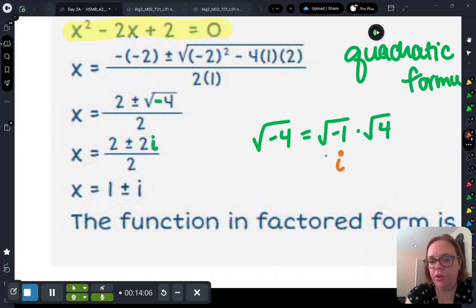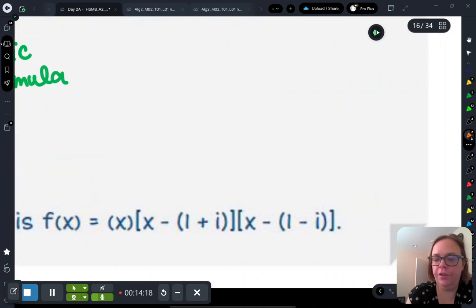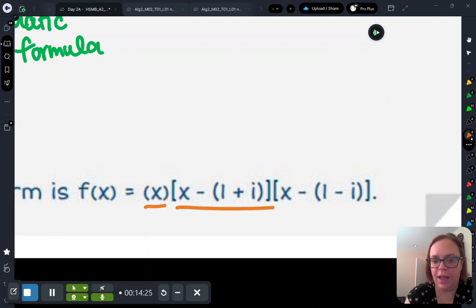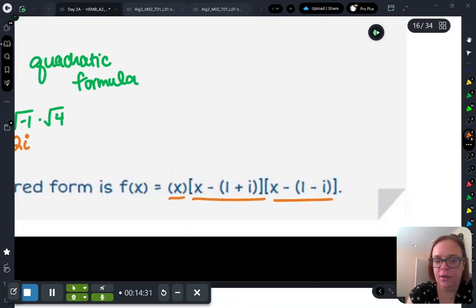And that's how she got to i. Then she reduced everything by 2 and got 1 plus or minus i. So here's her factored form, x times (x minus 1 plus i) times (x minus 1 minus i). Interesting.